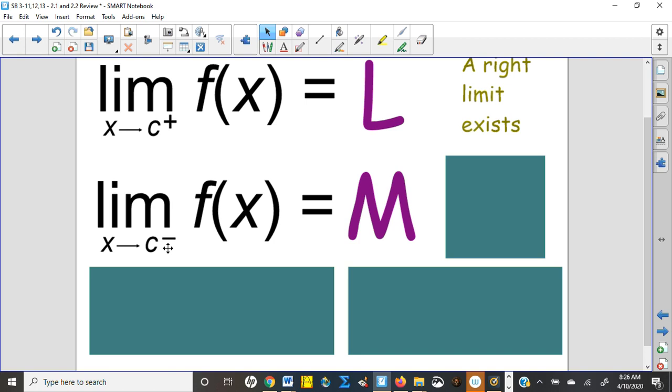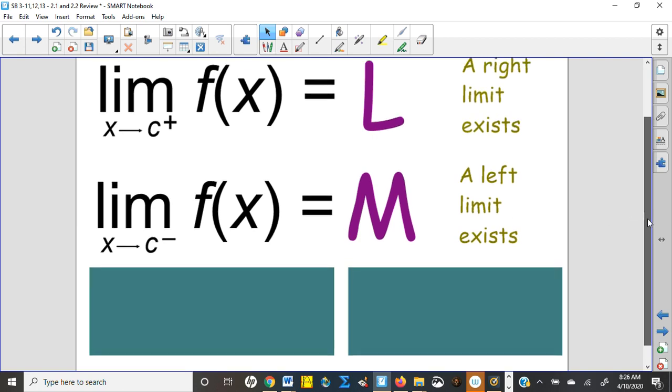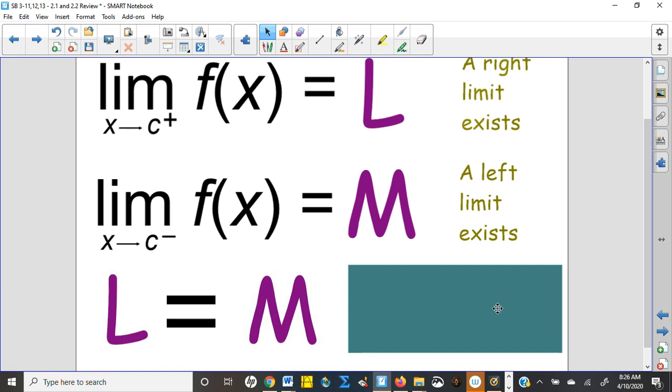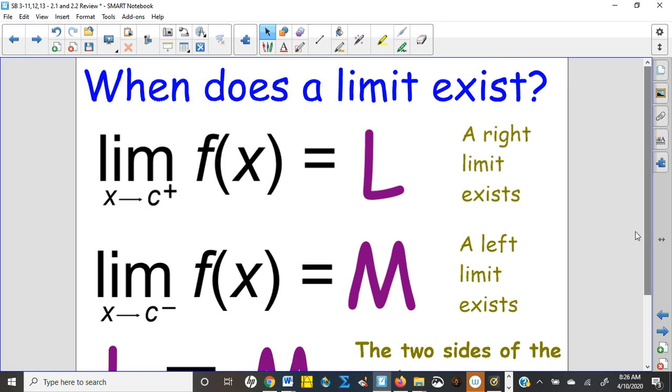So look, we're coming from the negatives here, right? The negative side, the left side, and it looks like it exists. But most importantly, not only do those 2 things need to exist, they have to be equal to each other. Limits only exist if the 2 sides of the graph are moving to meet each other at the same height. Okay, and that's when limits exist.